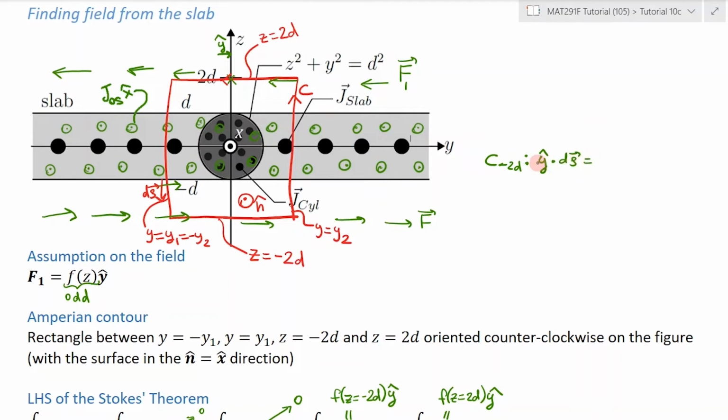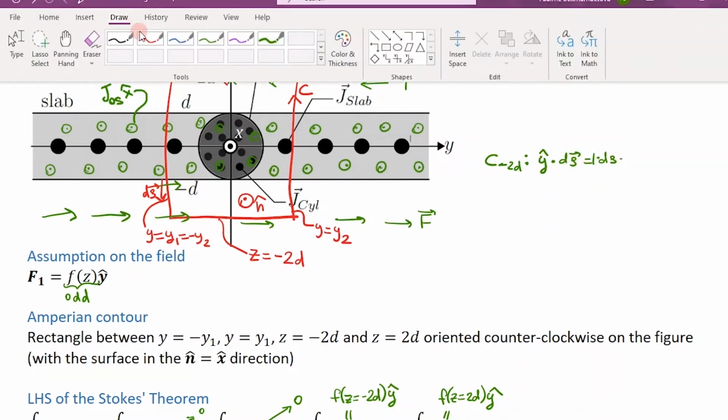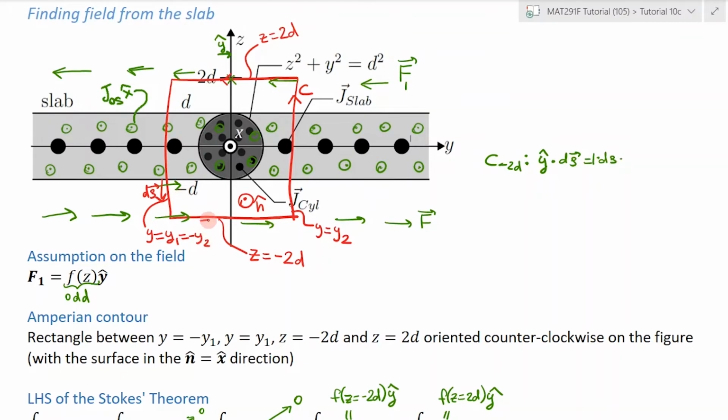This is equal to the magnitude of y hat, the magnitude of ds, times the cosine of the angle between the two. On this part of the contour, ds is going to the right, same as y hat, so we get this times 1.